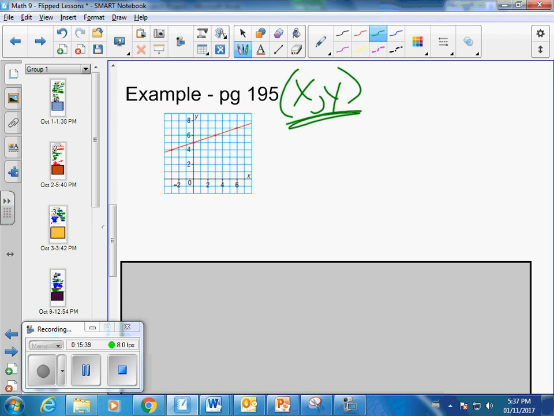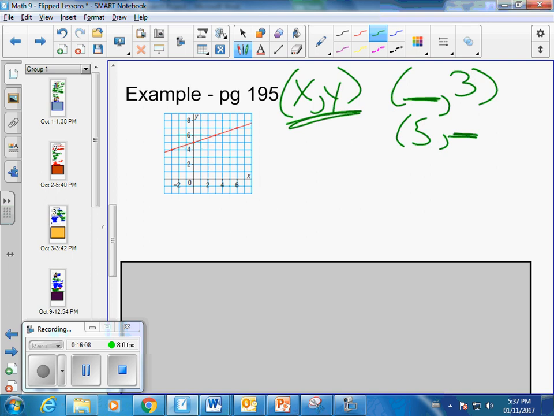What they want is they want to know the X value if Y equals 3. They also want to know what is the value of Y when X equals 5.